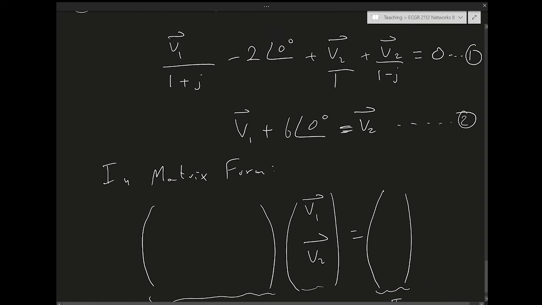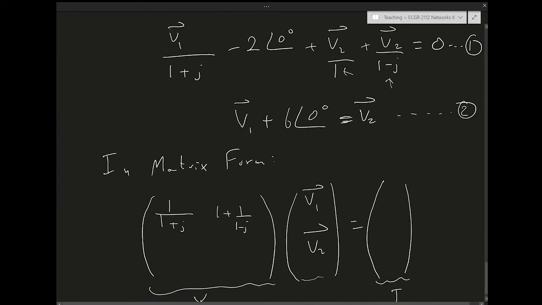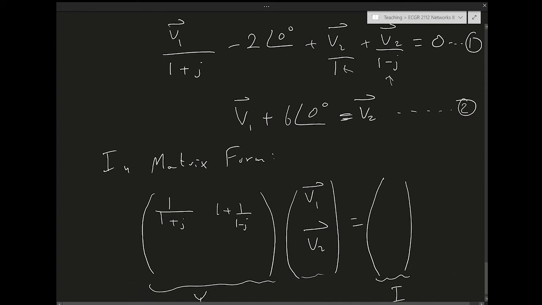So from equation 1, it's clear that I just have 1 over 1 plus j times V1. And then what's multiplying V2? I have 1 plus this term, so it's 1 plus 1 over 1 minus j. That's times V2, right?